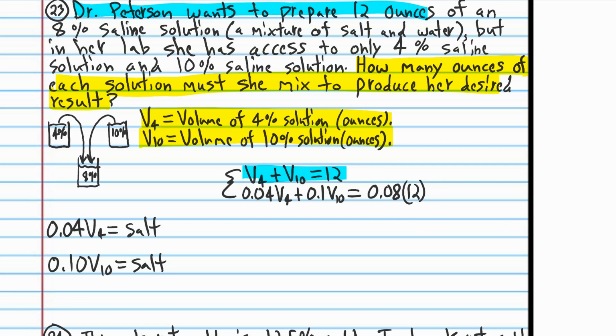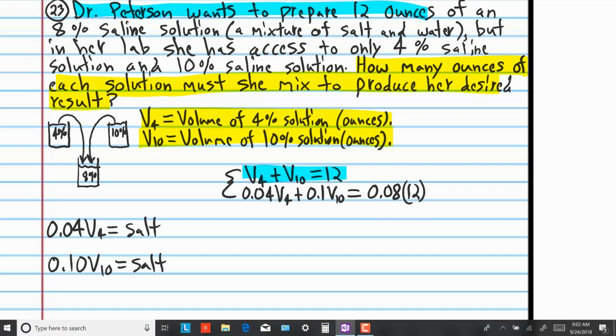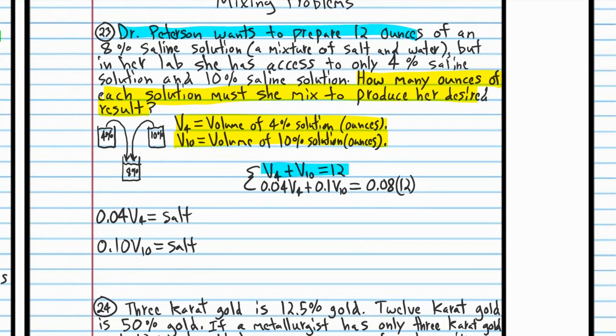So again, that's really important. The first equation deals with the 4% solution, because it's not all salt, it's salt and water. This equation deals with salt and water. But the bottom equation deals with only salt. So the salt in the 4% solution plus the salt in the 10% solution equals the salt in the total solution. That's the hard part. It's hard for two reasons. One reason is you're trying to find a percent of a number, and a lot of students really find that to be a confusing concept.